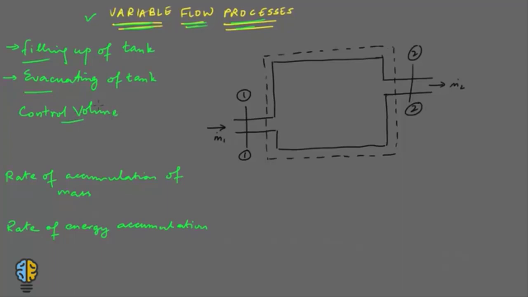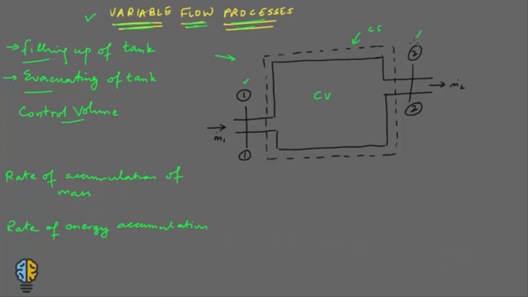Now to understand this, let us consider this diagram which shows a device handling a fluid flowing under non-steady conditions. This is the control volume and this is the control surface, and these are two sections, section 1 and section 2.